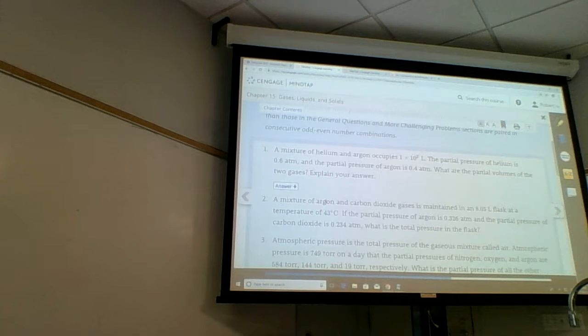And what is the total pressure of the gas in here? Well, if I have both gases in there, then the helium is going to exert a pressure and the argon is going to exert a pressure. And so for every 100 molecules, 60 of them are helium, 40 of them are argon.